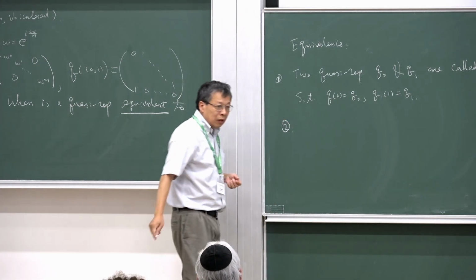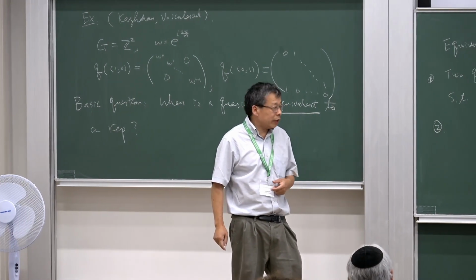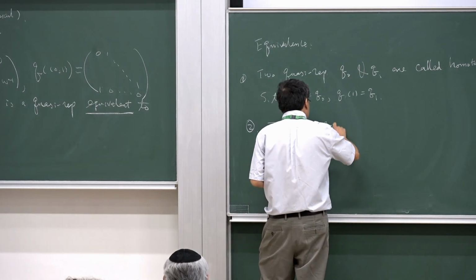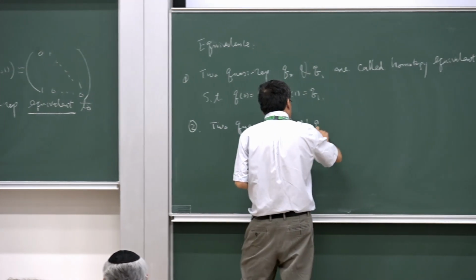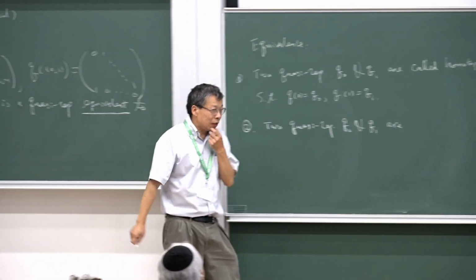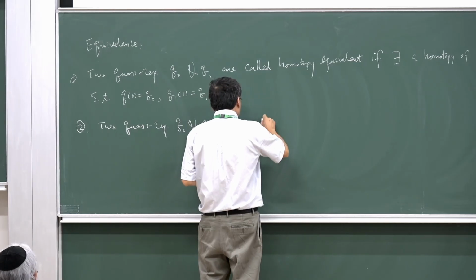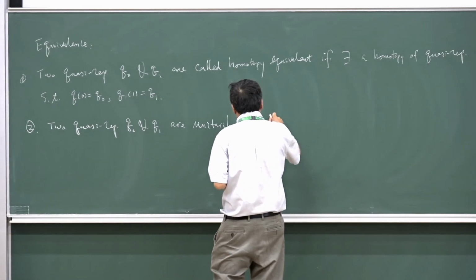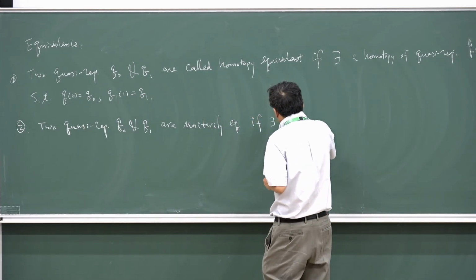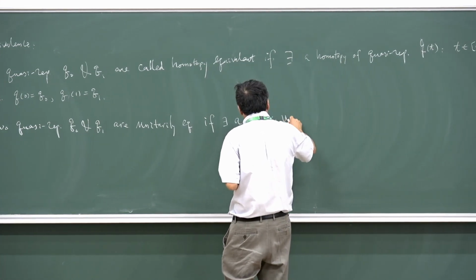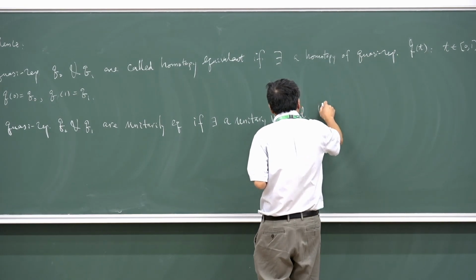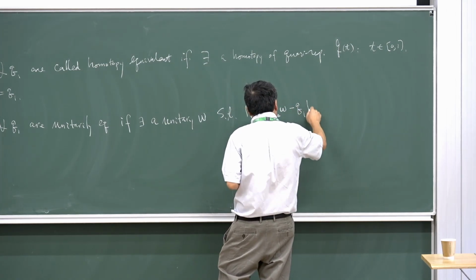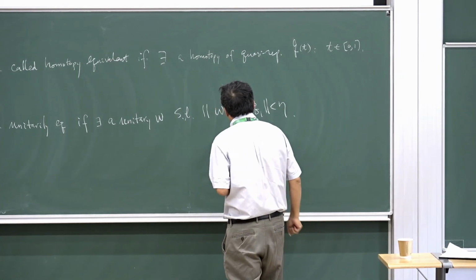But there is another one which is more studied in the literature. And so two quasi-representations, Q0 and Q1, are unitarily equivalent if there exists a unitary W such that if I conjugate them, it's actually not exactly Q1, but it's kind of small, smaller than some positive number eta.